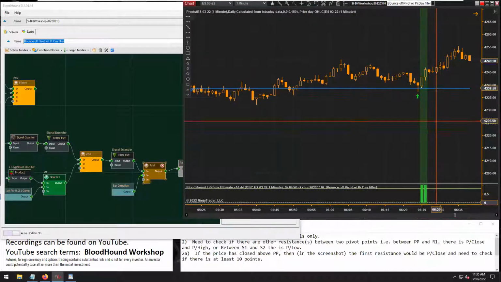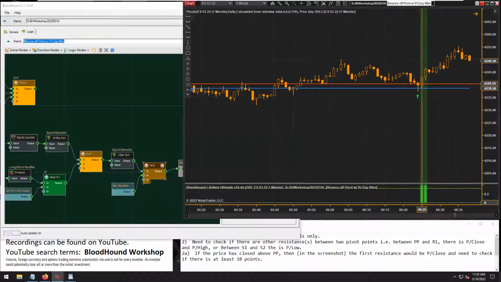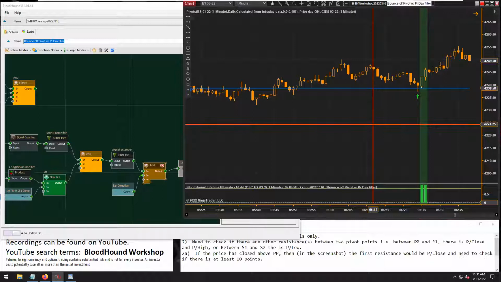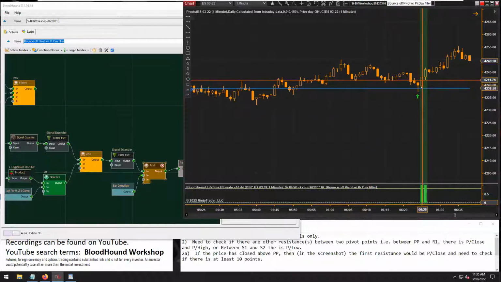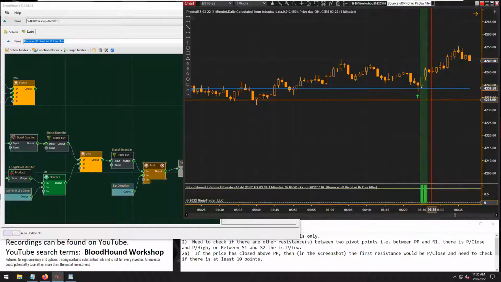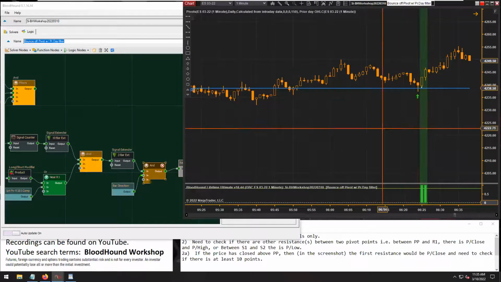So now we're only getting a long signal with an up bar. Once we get the signal on the up bar, you probably don't want to see 2 signals in a row. It's probably not going to matter.